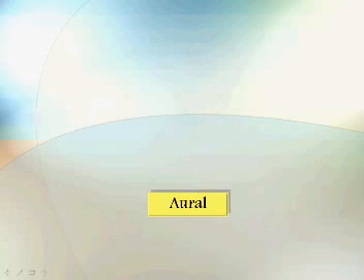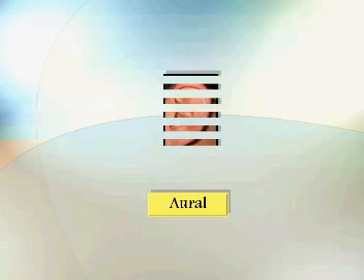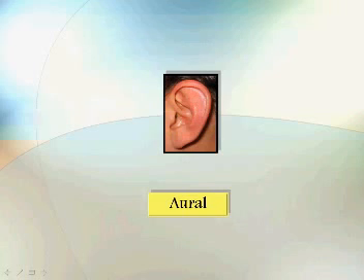Another type of learner is oral learners. From the picture, what is the meaning of the word oral? I think it's very easy now. If you can look at the picture, yeah. Oral means of the ears. Somebody who is interested in listening to things.